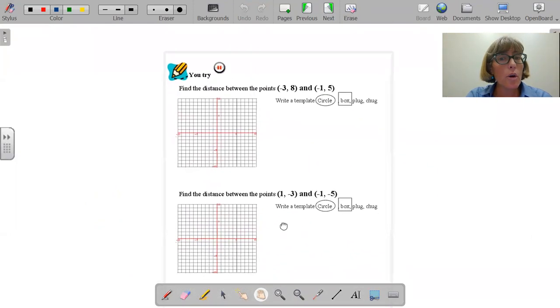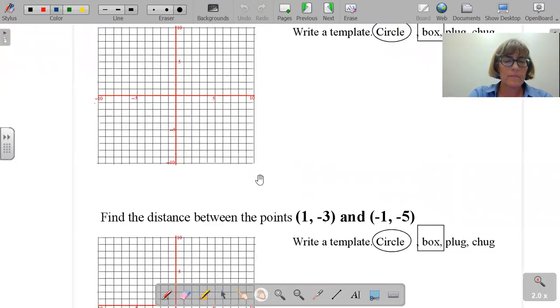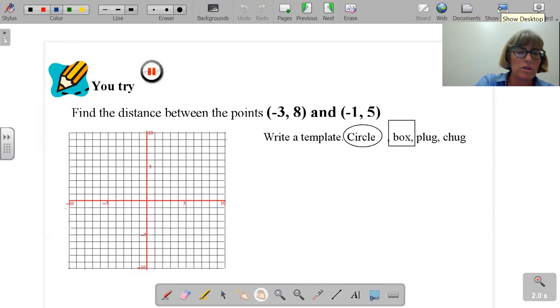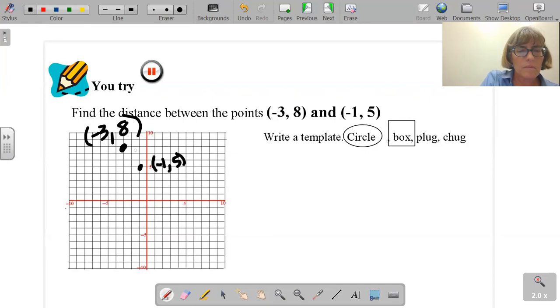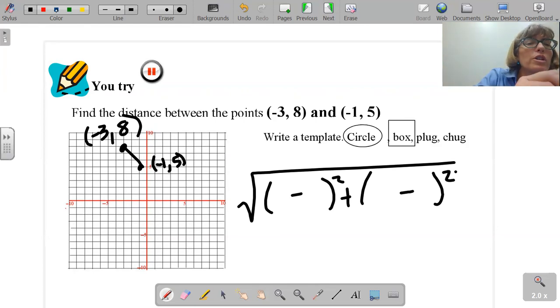Do this page distance equation on your own. Pause the video. Okay, welcome back. If you're just checking your answers, you can speed up at this point just a bit. Hopefully you did a template first.